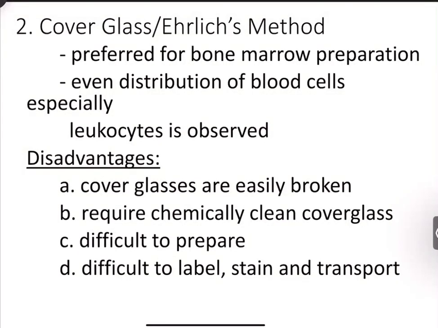Other methods used in smearing are the cover glass method, or cover slip method, or Ehrlich method. This is prepared in bone marrow preparation because we only use a very small amount of bone marrow aspirate. It is used to distribute the cells, especially your WBCs or leukocytes, in the smear.